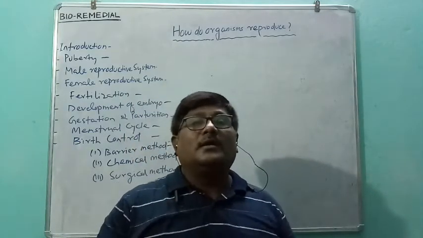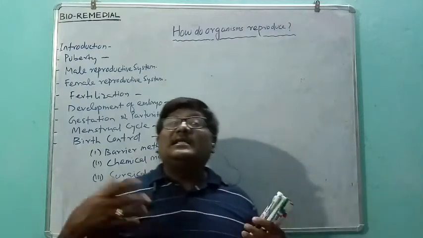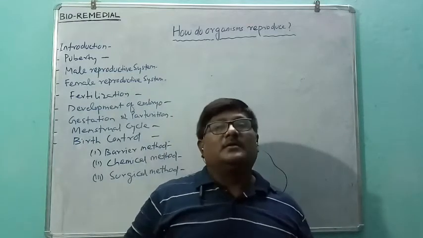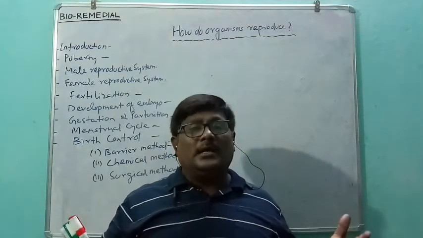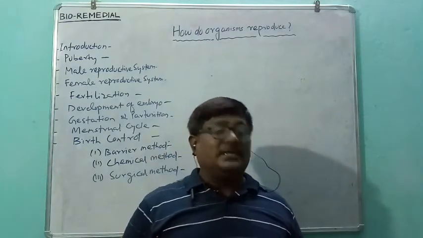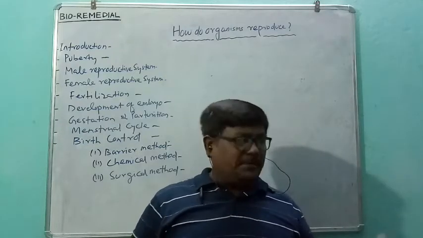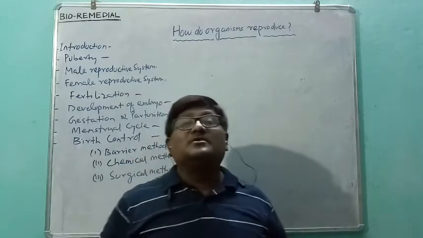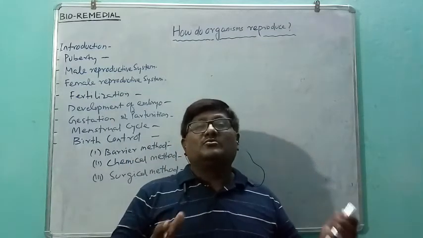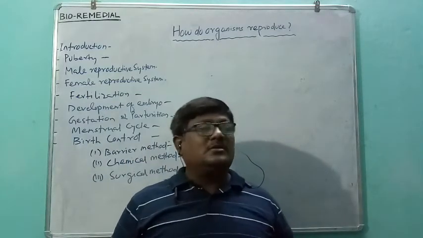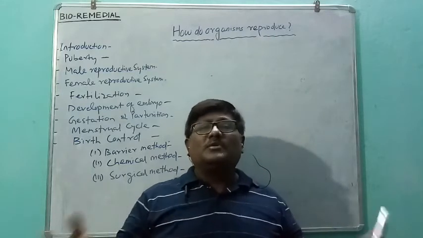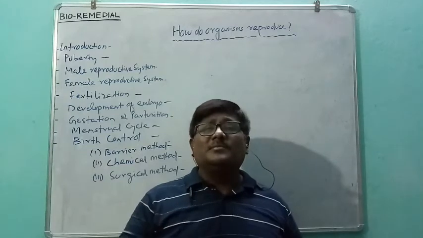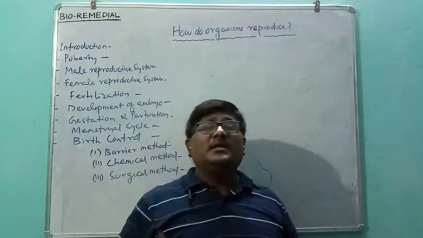Due to this high rate of increase, it is expected that there will be a big fight among human beings in future for space, for food, for mates, for everything. So the population should be controlled, because the resources are limited: agricultural resources, forest resources, environmental resources are limited.